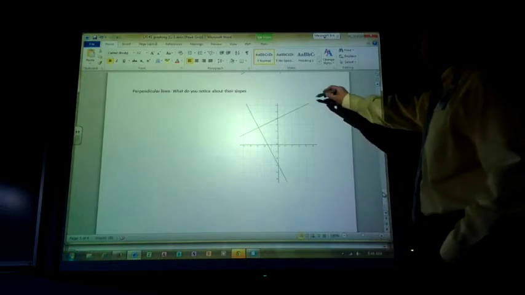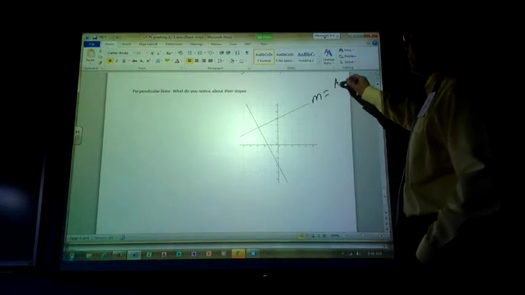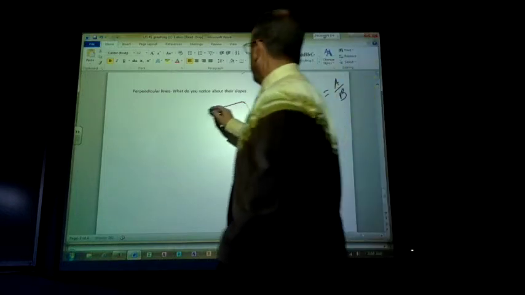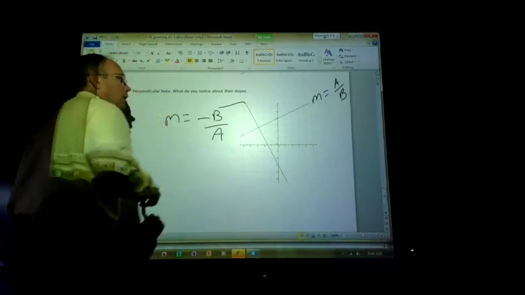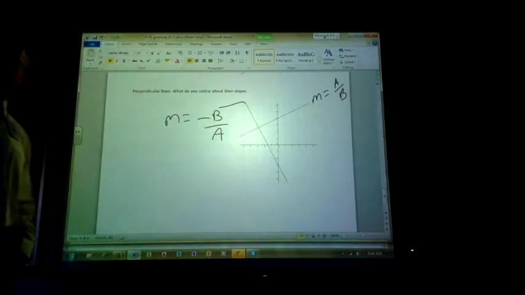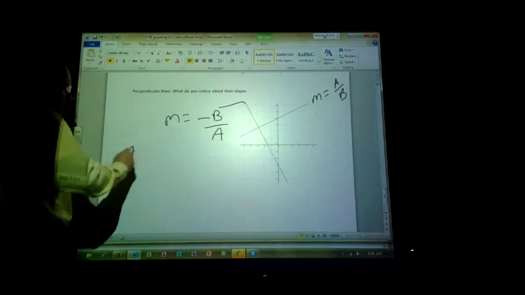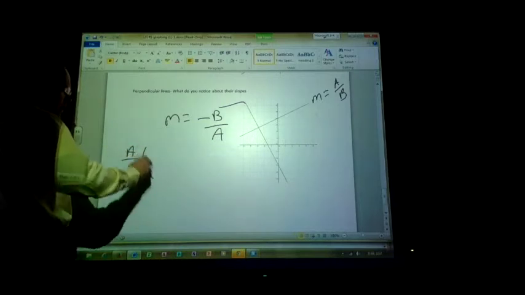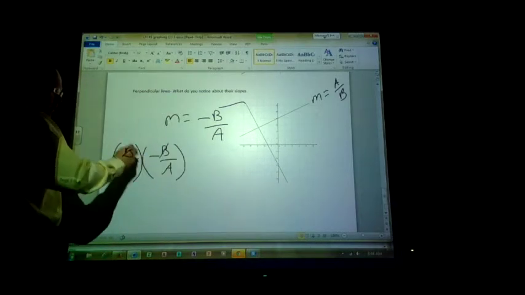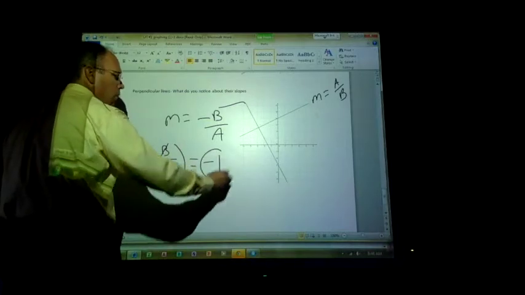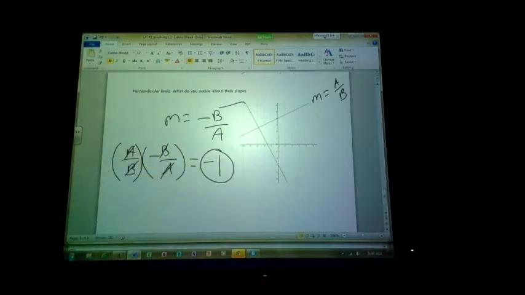And then perpendicular lines, they intersect. Perpendicular means they form 90 degrees. If the slope of this line is A over B, then the slope of the other line is going to be negative B over A. If you multiply the 2 slopes of perpendicular lines together, every time your answer will be negative 1.